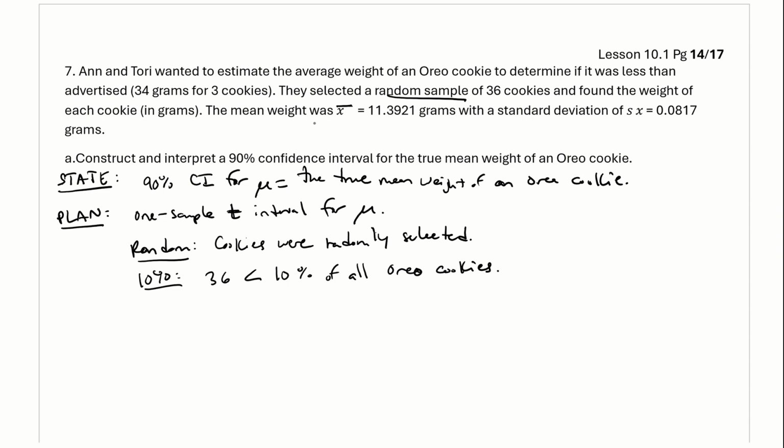All right, and then we got the normal or large sample condition. All right, so then we can say n is equal to 36 is greater than or equal to 30. So that's good, so check.